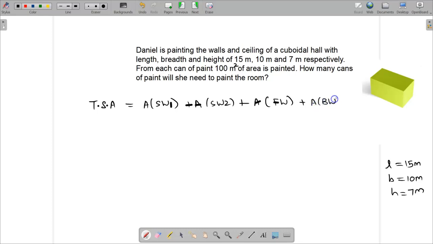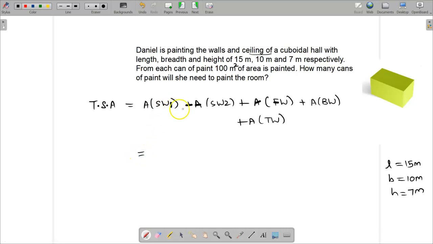These are all the 4 walls of a room. And then the ceiling of a cuboidal hall they have given. Ceiling is nothing but a top surface, right? So area of the top wall. These are the things we need to cover in order to paint.